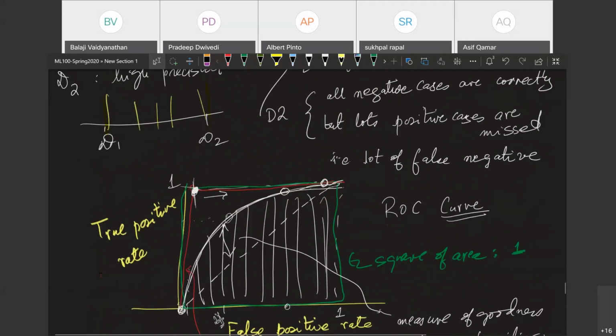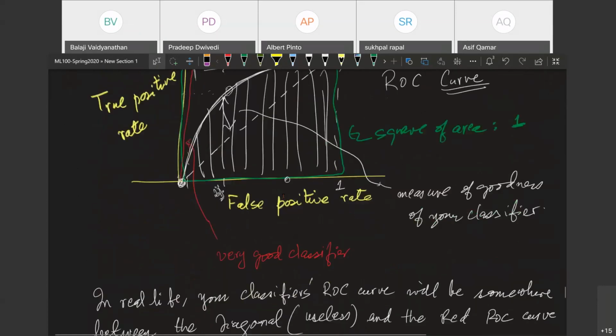Then we talked about the true positive rate versus false positive rate, which is called the ROC curve, receiver operator characteristic curve. I gave you a bit of a history on where it came from. Then we looked at the area under the ROC curve, which can go from typically half to 1. If your model is embarrassingly bad, it can even be less than half. So theoretically, it goes from 0 to 1, but in practice, it goes from half to 1.